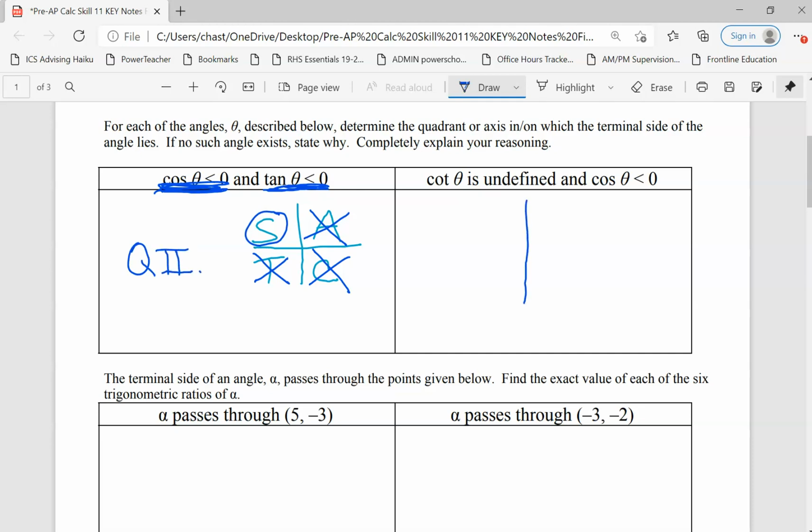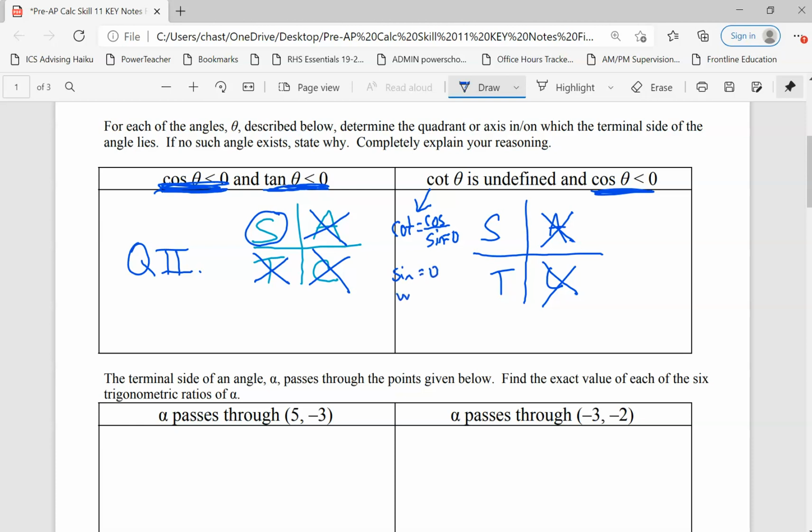On the next one, let me draw this in. We know cosine is less than 0, so that eliminates quadrants 1 and 4. Cotangent is undefined, so cotangent, which equals cosine over sine, is undefined, and that means sine has to equal 0.